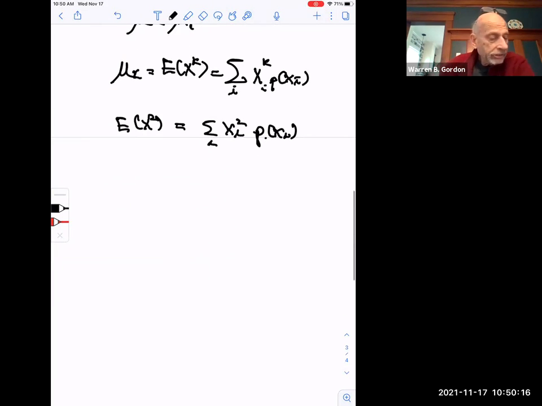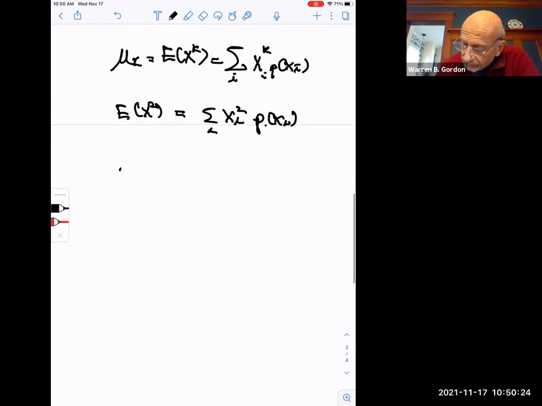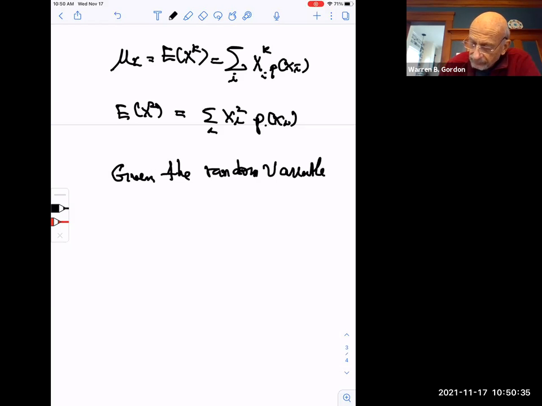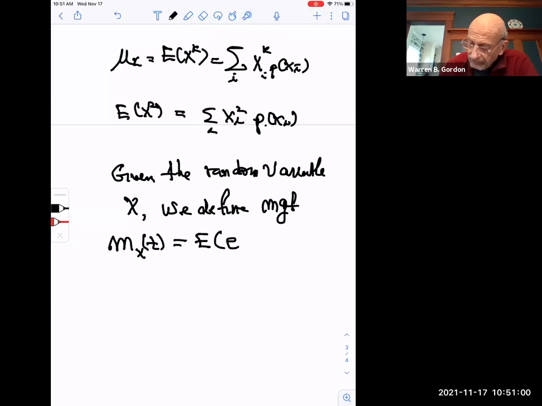Well, I want to define now the moment generating function. Okay, so given the random variable X, we define the moment generating function, denoted by M sub X of t, to equal E of e to the tX power.